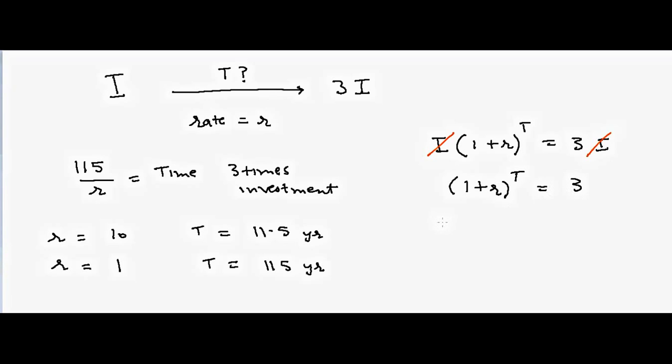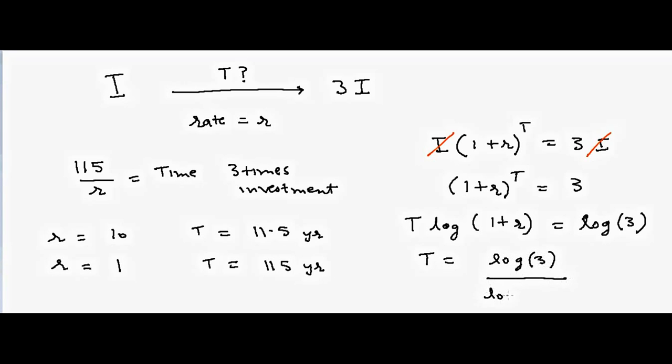If we solve this equation, we can take log on both sides. So log of (1 plus r) to the power t is equal to log of 3. So t is equal to log of 3 divided by log of (1 plus r). Let's try to solve this equation in Excel.